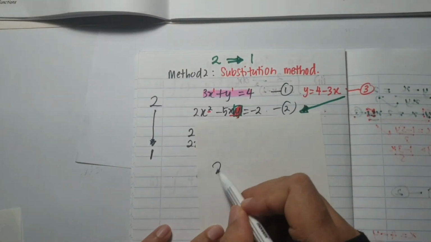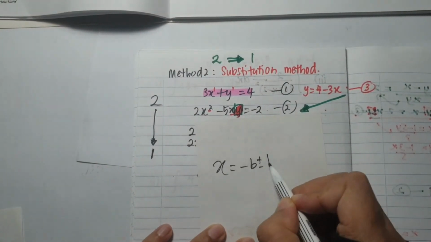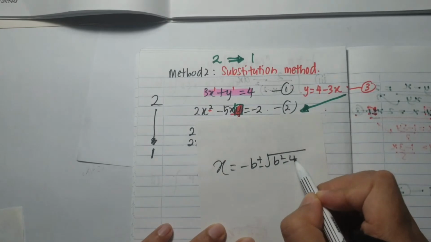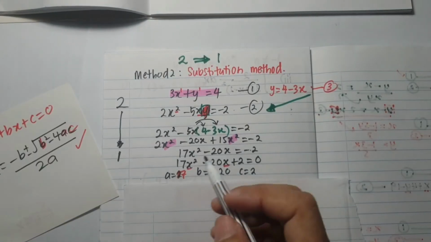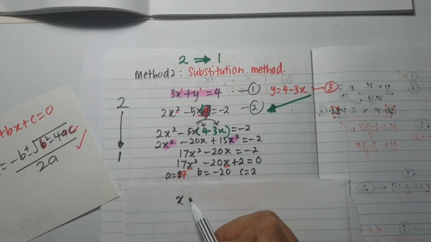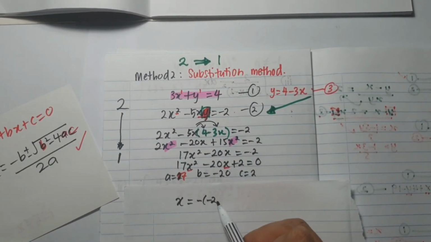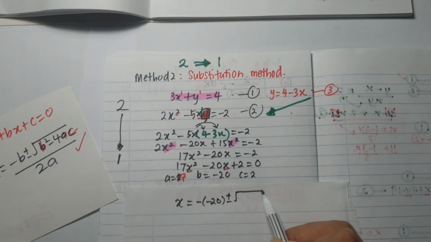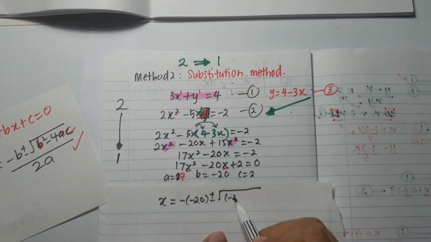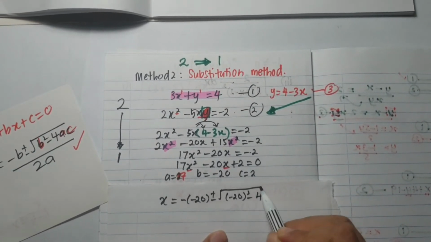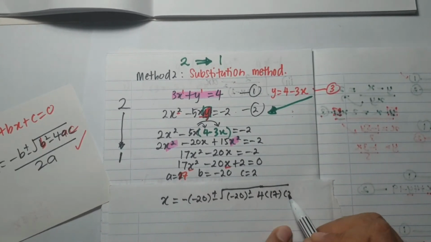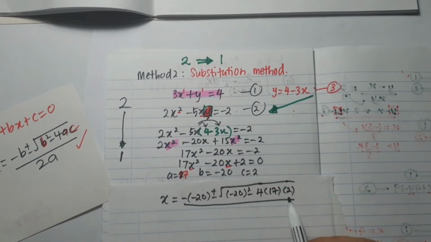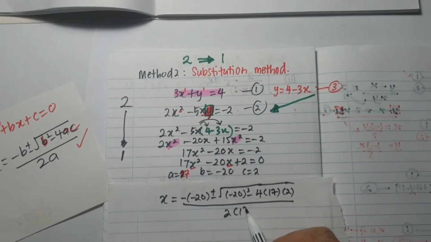Quadratic formula is x equal negative b plus minus square root b squared minus 4ac over 2a. Right? So since you have variable x here, you write x equals negative b plus minus square root b squared minus 4, a is 17, c is 2, over 2a, a is 17.